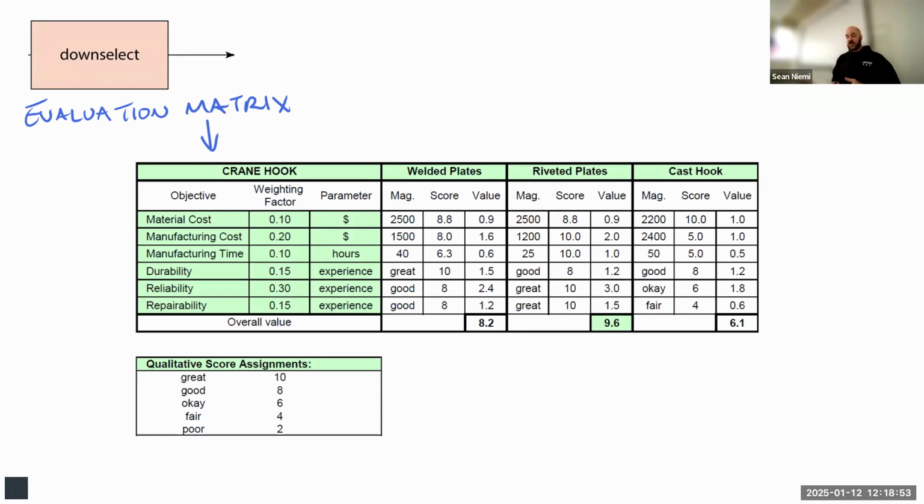We use these evaluation matrices, these decision matrices in DML because they're very simple, very straightforward, and they help to really lock in the quantification process, which is a very fundamental thing in making decisions.